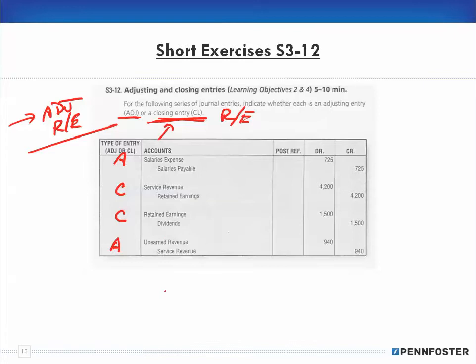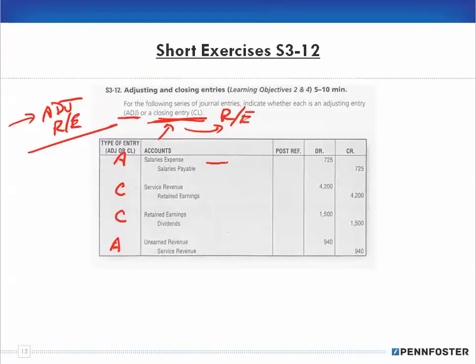It is possible to have to adjust a retained earnings account because of an error that was made. Then you would be looking at that transaction and at the description to see what you're doing with the retained earnings account in order to determine whether it is an adjusting entry versus a closing entry. But for this purpose, it's simple: closing entries are made to retained earnings.